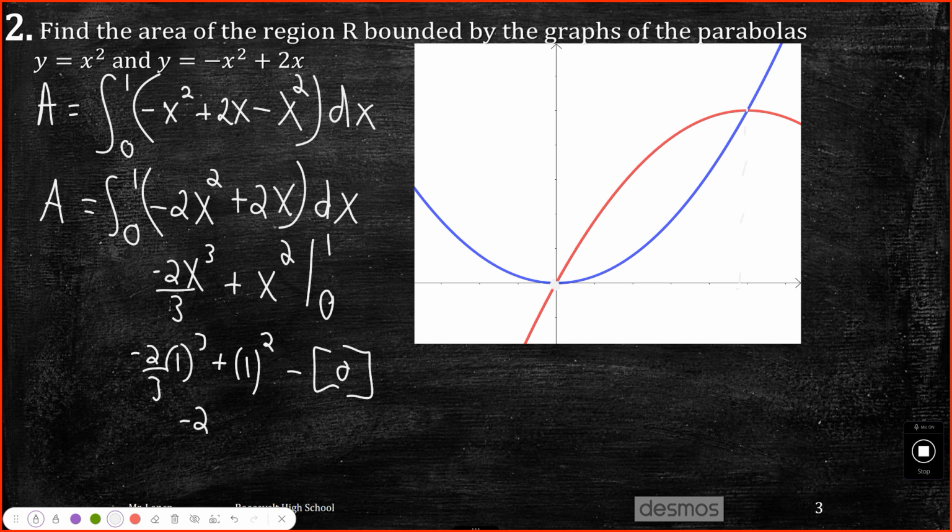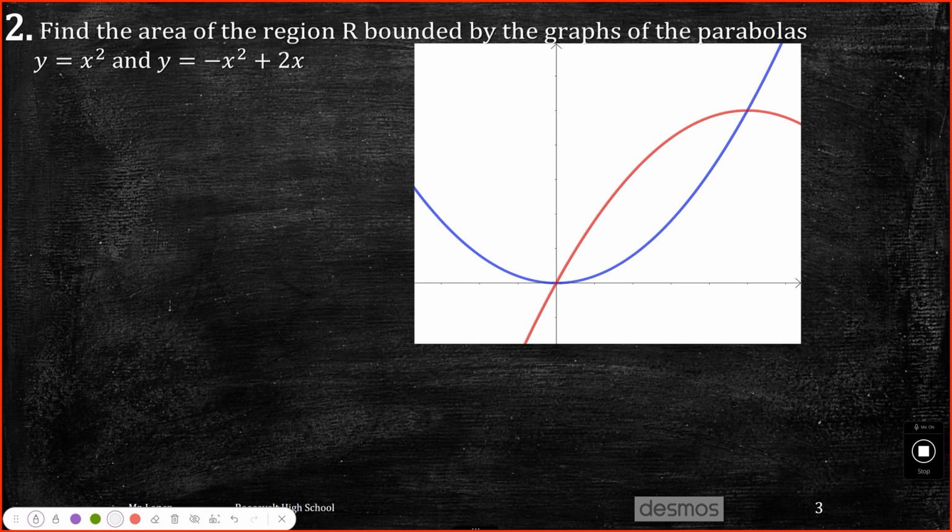Yeah, 1 to the third power is 1. This is minus 2 thirds, plus 1 squared is 1, and that's just 0. And take away 2 thirds from 1 is what? 1 third. So that area is 1 third.